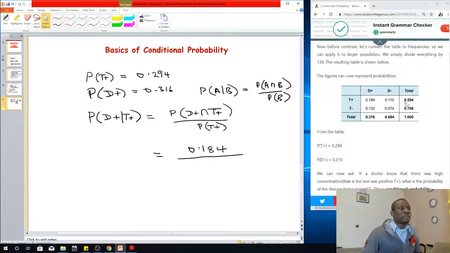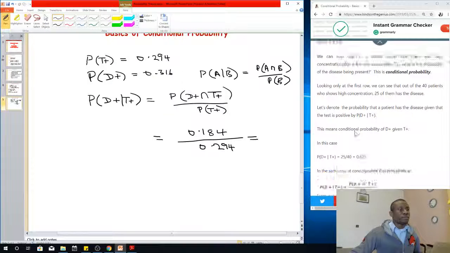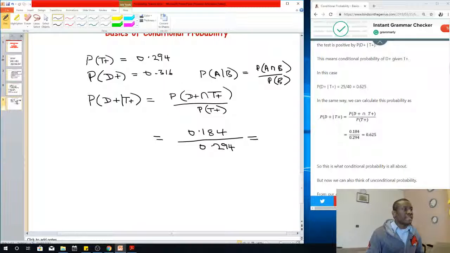At this point we have 0.294 as probability of T plus, not conditional probability. And we can just go ahead to write it to be 0.294. So if we do this, we have 0.625.